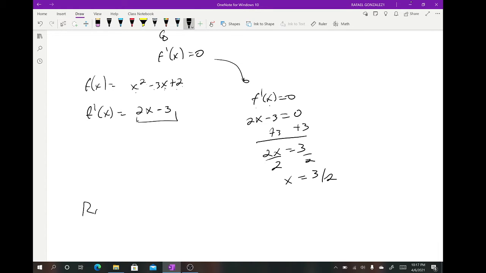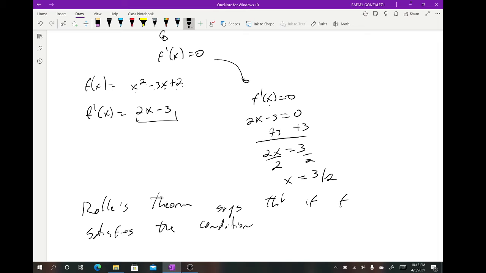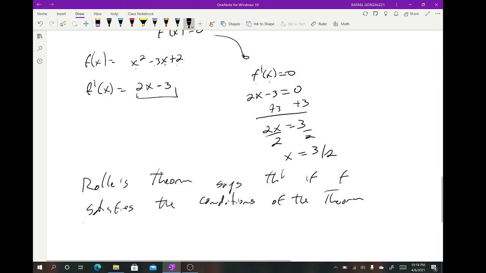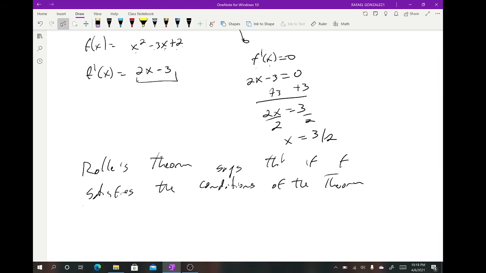So Rolle's theorem right here says that if f satisfies the conditions of the theorem, there must be at least one point such that the derivative is equal to 0 when you evaluate it.